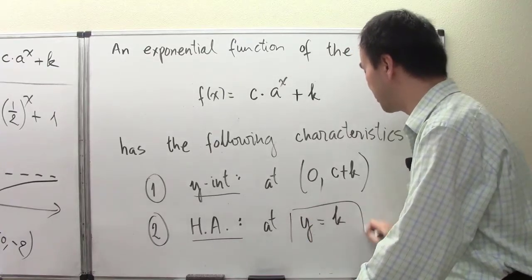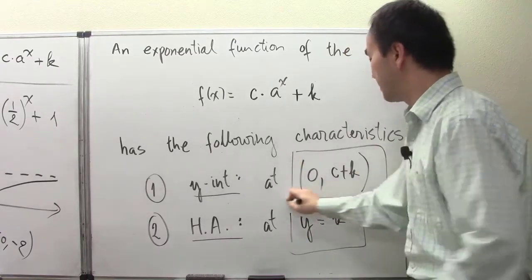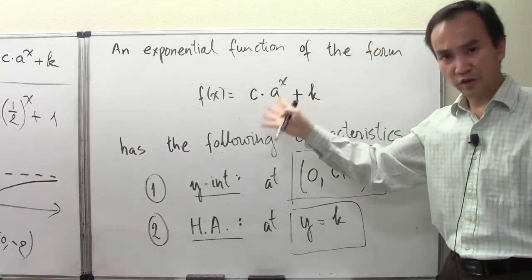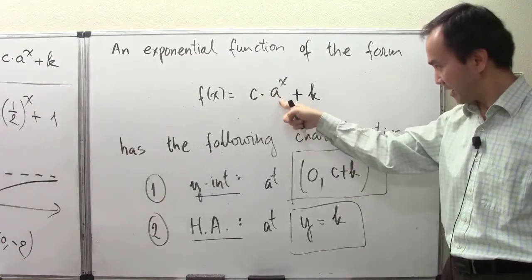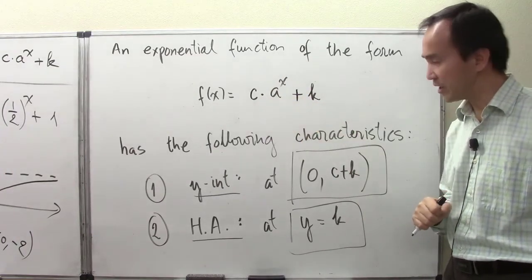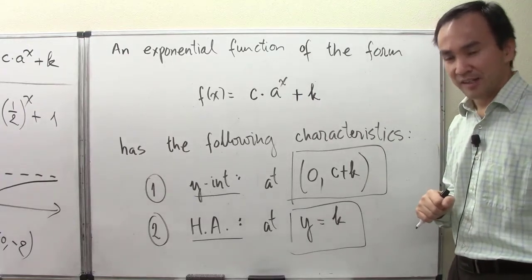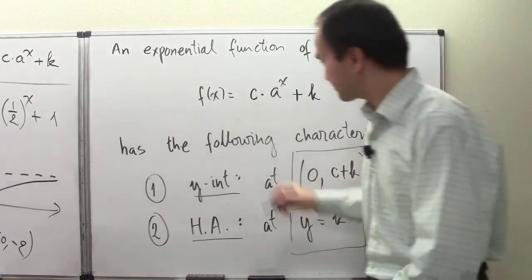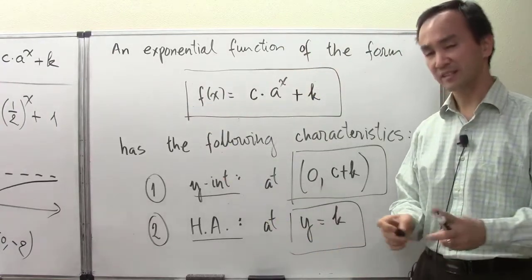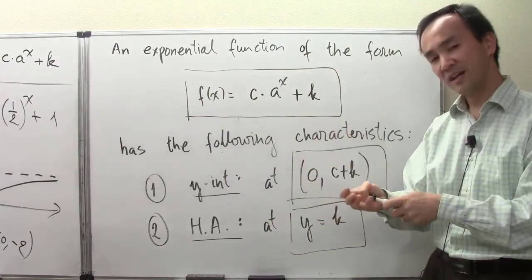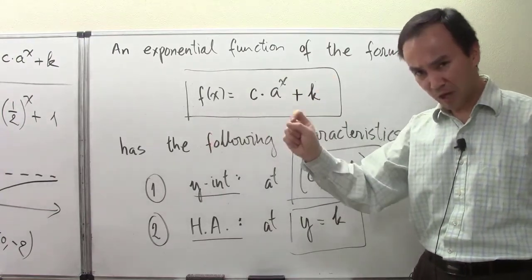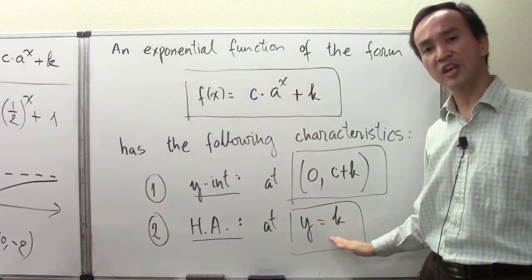So these are the two important characteristics for any exponential function in a more general form than the ordinary ones, c·a^x + k. That's our further generalization that I first brought up in example 4, and then I used example 4 to put in some explanations, and then we arrive at this generalization right here.